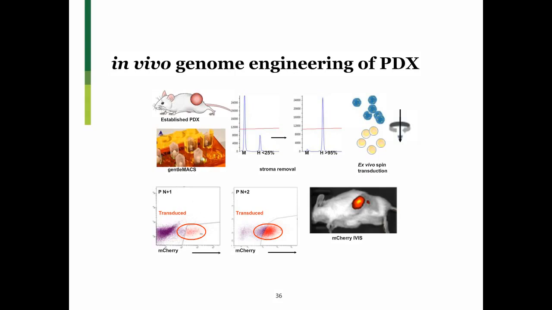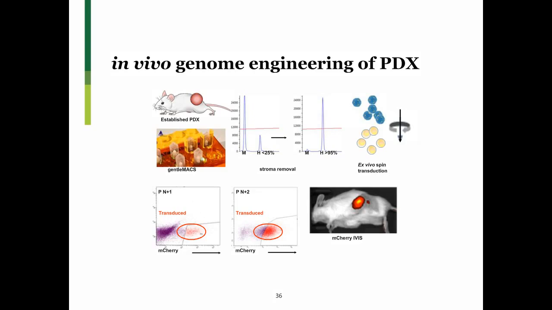So this enriches for cells that we actually want to infect with lentiviruses. We do an ex vivo spin infection, and then as a proof of concept, we infected this suspension with a lentivirus that expresses mCherry. I think you can appreciate that you can get a significant fraction of positive cells after this. You can even image this using optical imaging techniques. So this was our proof of concept pilot experiment.